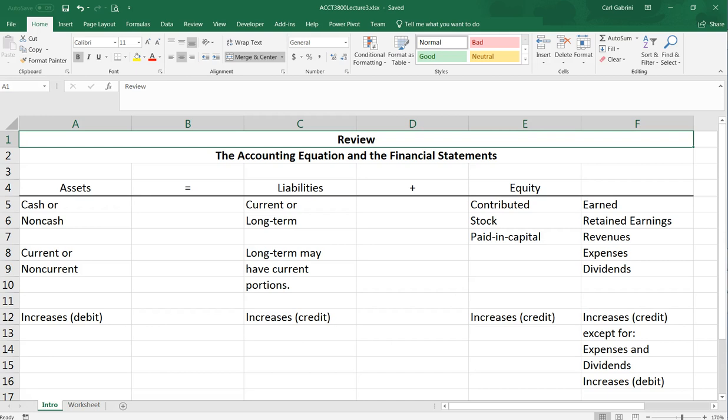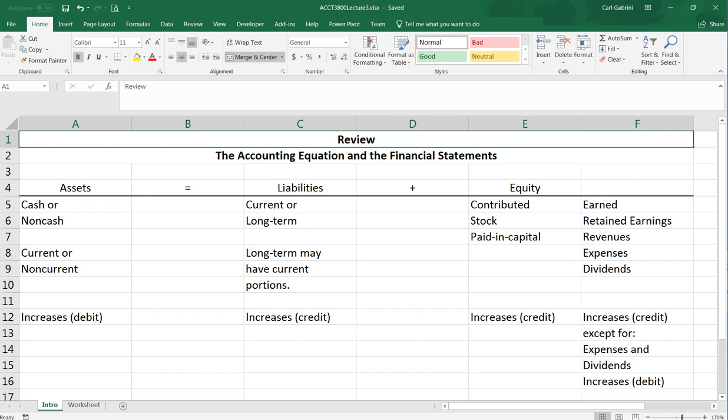So revenues increase retained earnings, expenses decrease retained earnings, dividends decrease retained earnings. On the contributed capital side, again, increases are represented by accounting credits. Over on the earned capital side, the increases in retained earnings are also represented as credits.